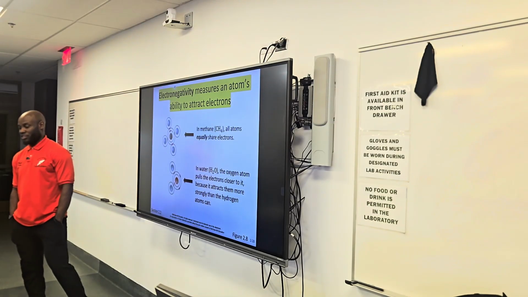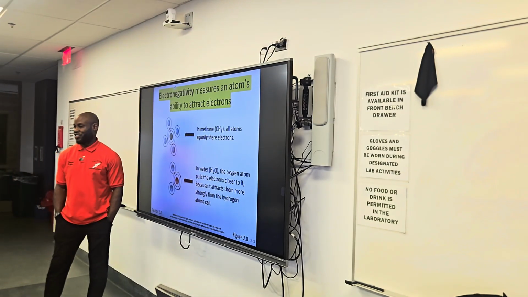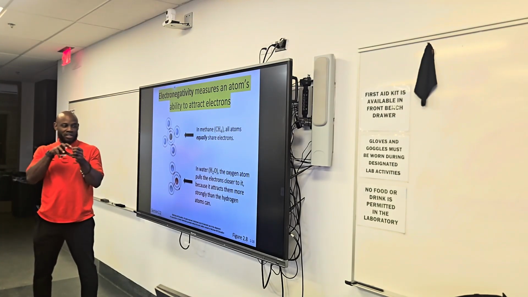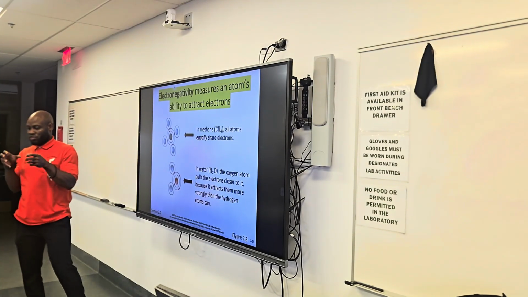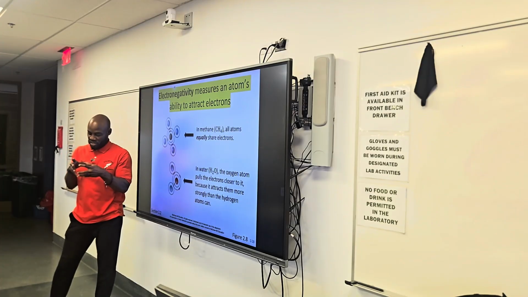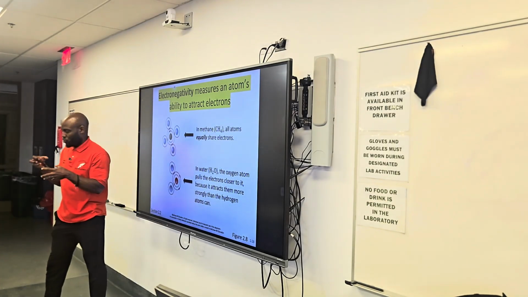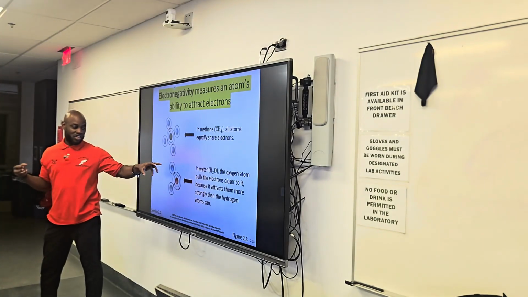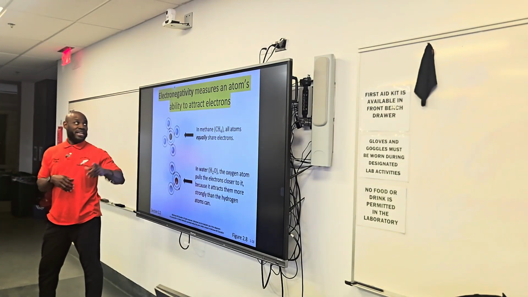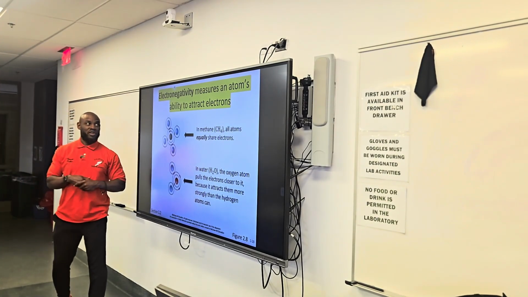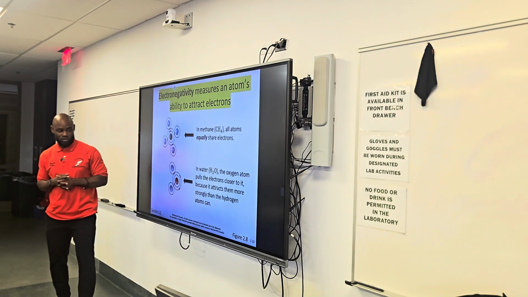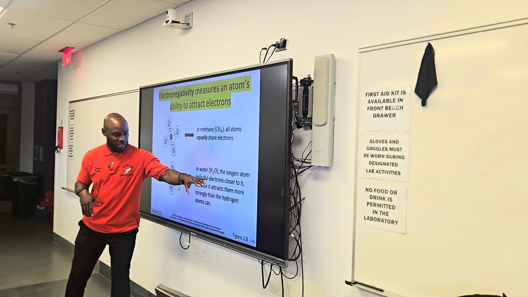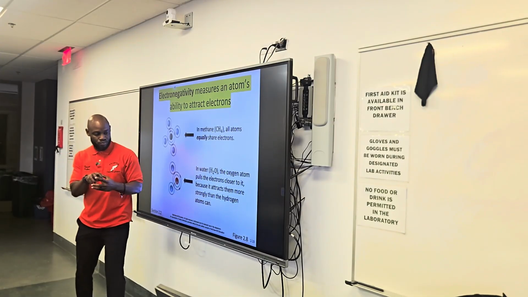In water, which I kind of mentioned earlier, H2O, the oxygen atom pulls the electrons that are supposed to be being shared between the oxygen and the hydrogen. The oxygen is pulling those electrons a little closer, so it's kind of being greedy, but the electrons are spending a little more time towards the oxygen than they are towards the hydrogen.